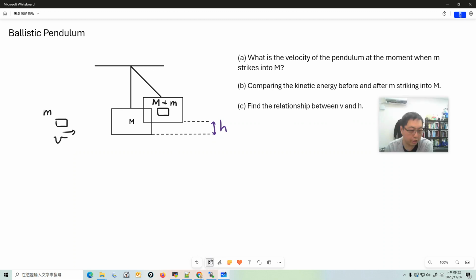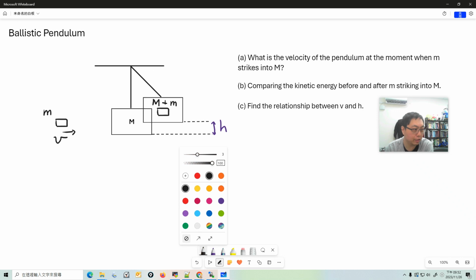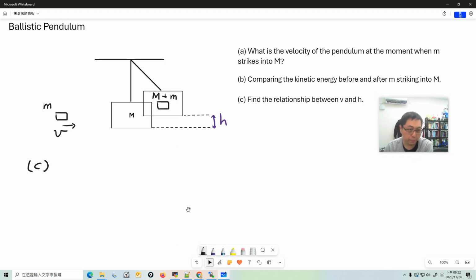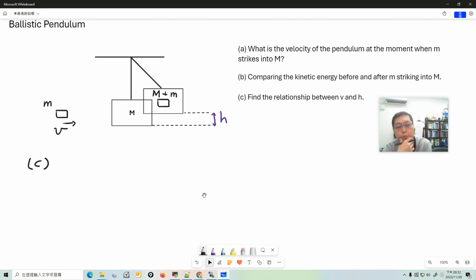Let's start. So how to solve this problem? The C is trying to find a relationship between v and h, and we use energy.